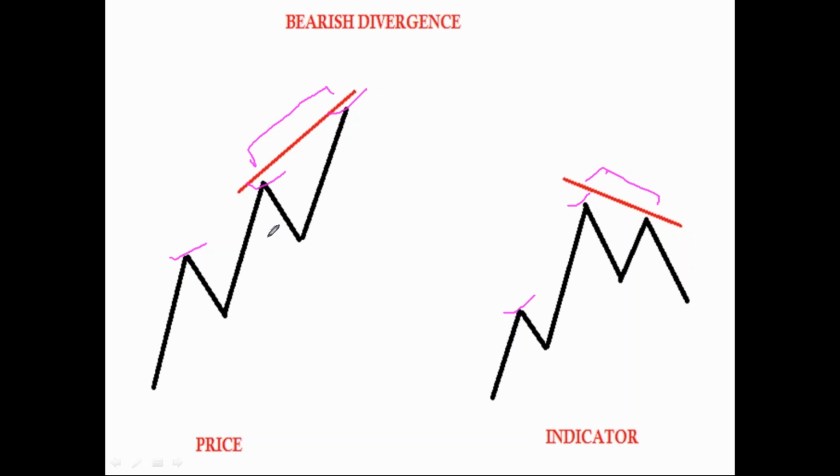It indicates that the rate at which the market was moving previously is lessening. We are in the bull phase and suddenly the indicator slackens and gives us a bearish signal.